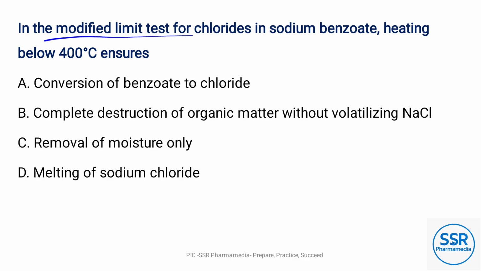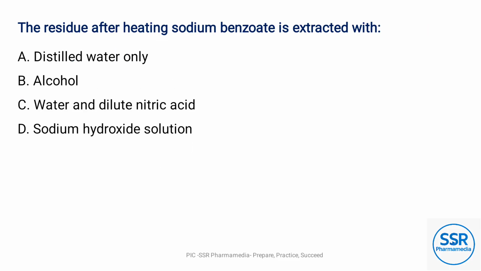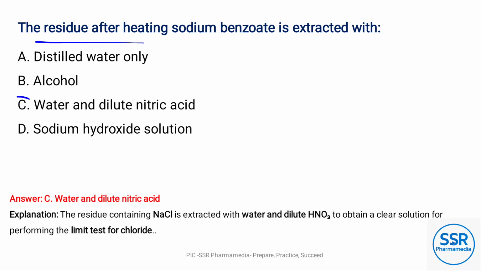In the modified limit test for chlorides in sodium benzoate, heating below 400 degrees Celsius ensures, option B, complete destruction of organic matter without volatilizing sodium chloride. The residue after heating sodium benzoate is extracted with, option C, water and dilute nitric acid.